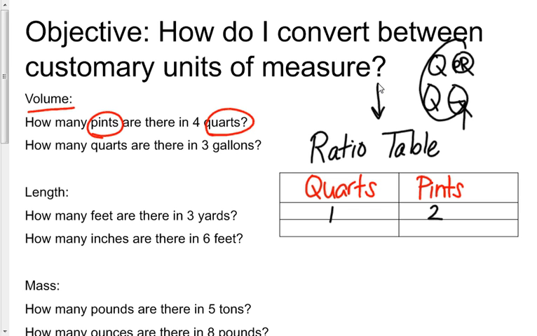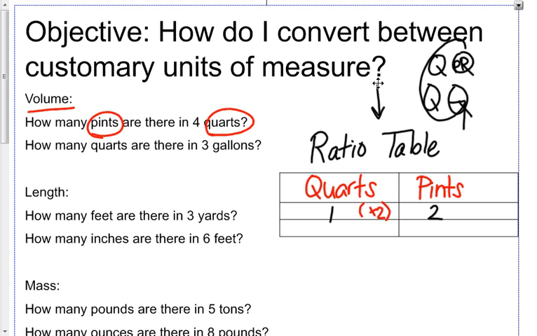Now I want to see a pattern, and I'm noticing that I double the amount of quarts to pints. So I'm going to put a little times 2 in here, because that's how I got from quarts to pints. So now I have an easier way to figure out how many pints are in 4 quarts.